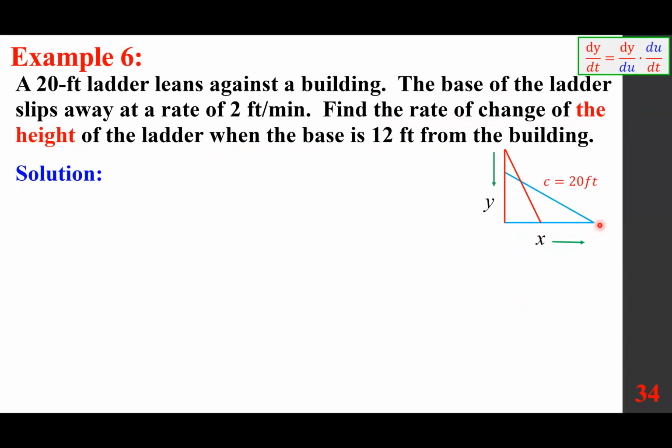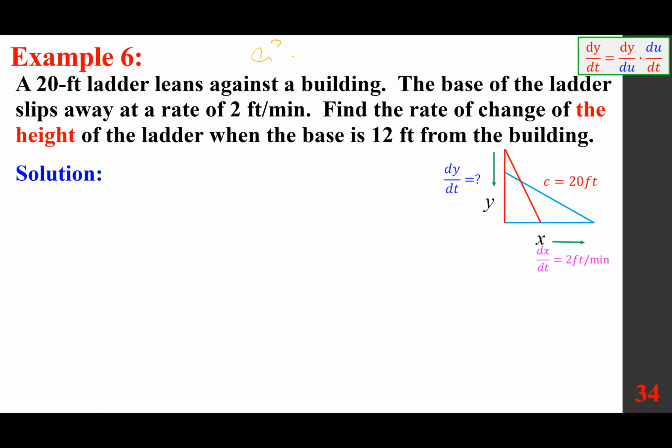The length of the ladder is fixed at 20 feet, and remember, a squared plus b squared equals c squared. So c equals 20 feet, or L, the length, whatever you want to call that. This way, it slips away, dx/dt, at 2 feet per minute, and it comes down at dy/dt, which is missing, which we have no idea.